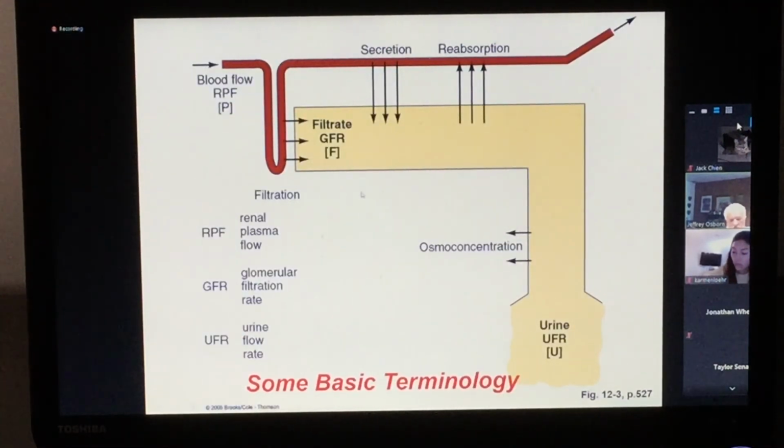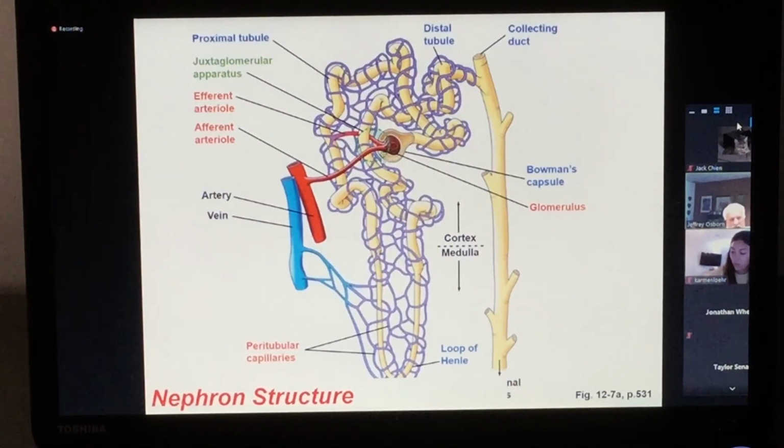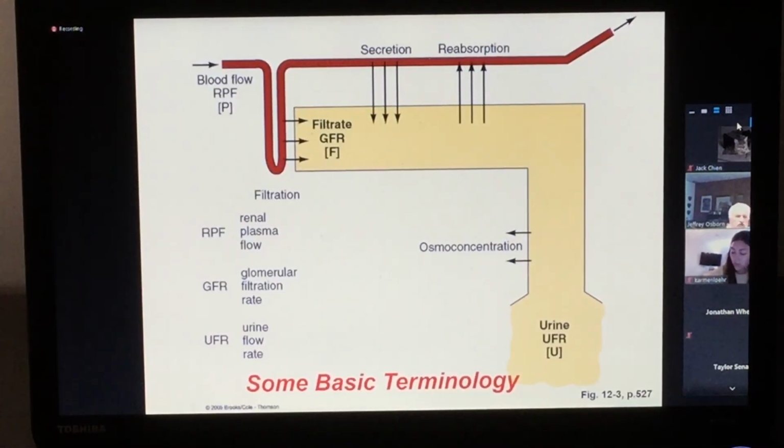This entire glomerulus that you see here has three major functions. It filters plasma, and we call that the glomerular filtration rate, and the filtrate has a fluid concentration that comes from the plasma.